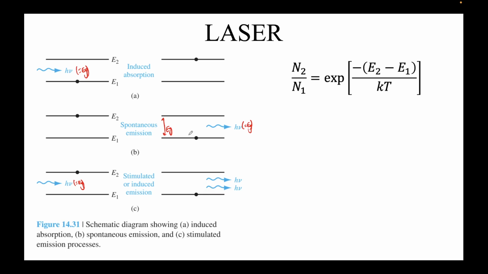Mathematically, how do I write that? How many particles are there in what state? Let's say there are n2 in the top excited state and n1 in the ground state.